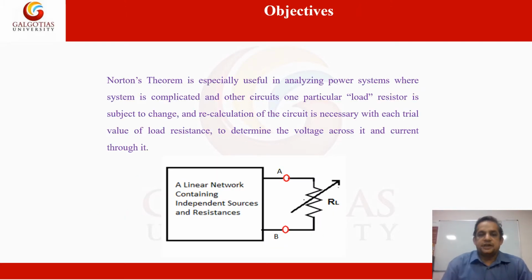Now come to the objective of this theorem. This theorem is especially useful in analyzing power systems where the system is complicated, and in other circuits where one particular load resistor is subjected to change and recalculation of the circuit is necessary with each trial value of load resistance to determine the voltage across it and current through it.